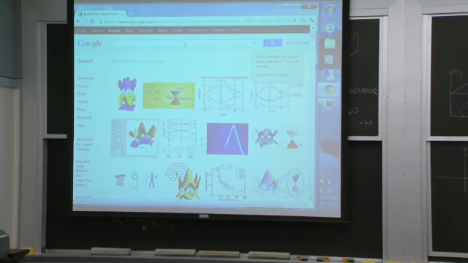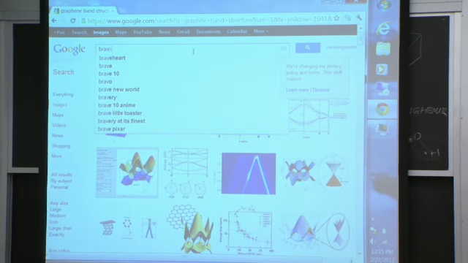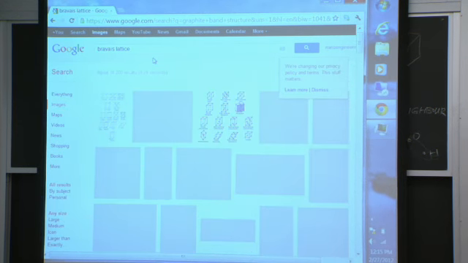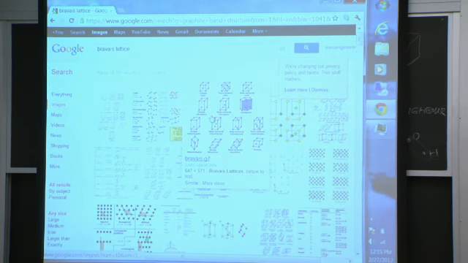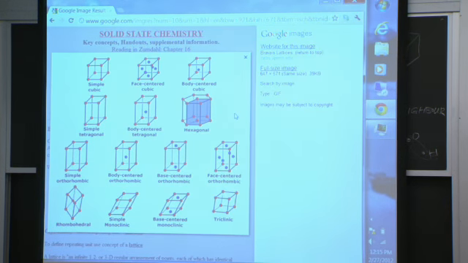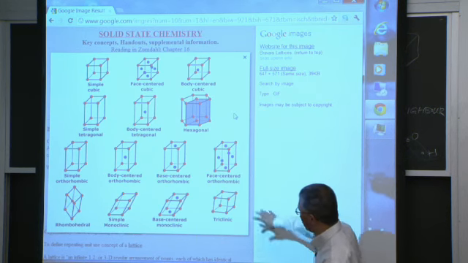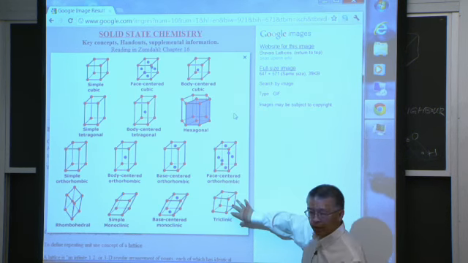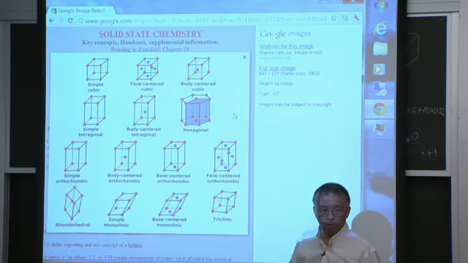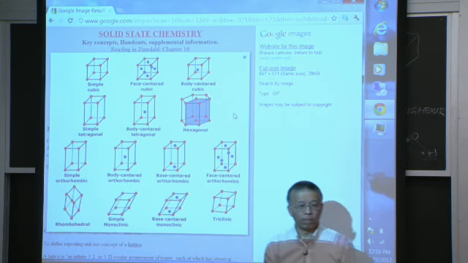Let's first look at the Bravais lattices. You can say there are 14 types. Here is triclinic, with different angles and different lattice constants. And here, the simplest is a simple cube.